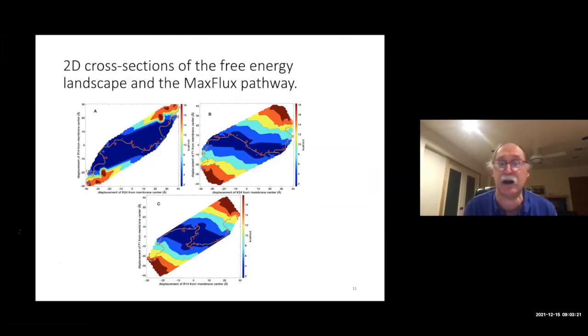Here is another cross section of this three-dimensional energy landscape. This is essentially the same picture that we have seen before, but this cross section is sometimes easier to see. I also drew the so-called max flux pathway. We now have a network because all these Voronoi cells with the milestones in between can be described as a network with edges connecting the cells, or the milestones.